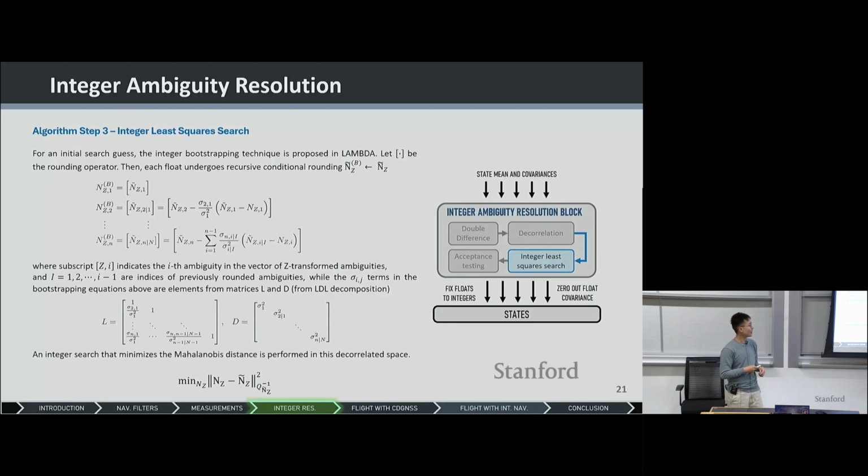And then from there, the initial guess minus your best float estimate, scaled based on the Mahalanobis distance, which takes as the matrix argument your covariance inverse, in other words your confidence, gives you a search space.